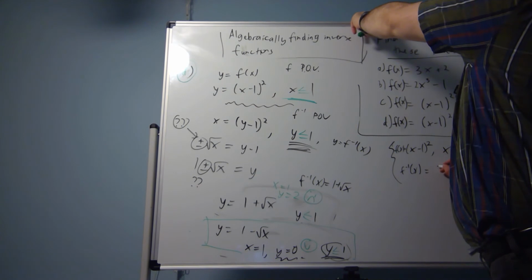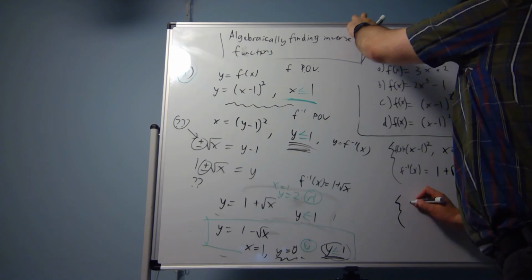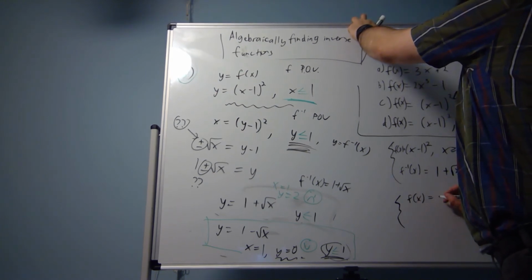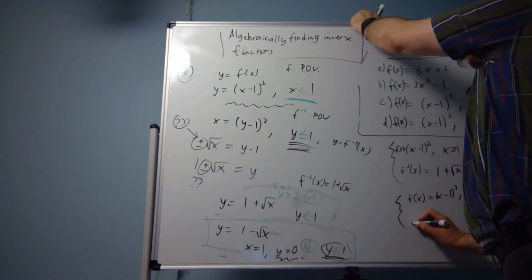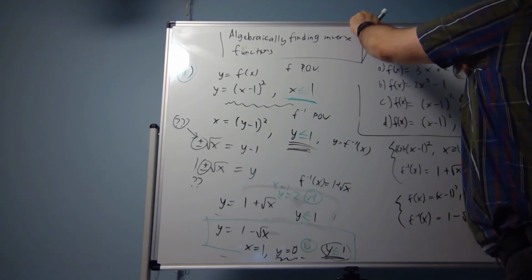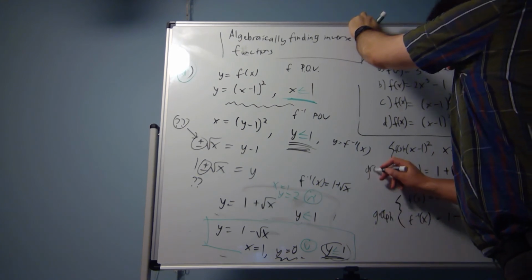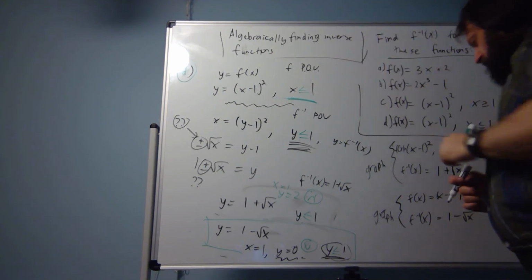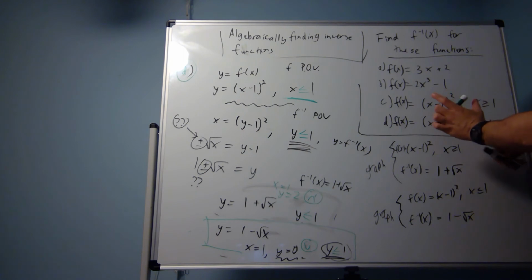It was the plus. Something you might want to try. So the right half of this parabola is going to be this upper square root, and then the left half of the parabola is going to be the lower square root.